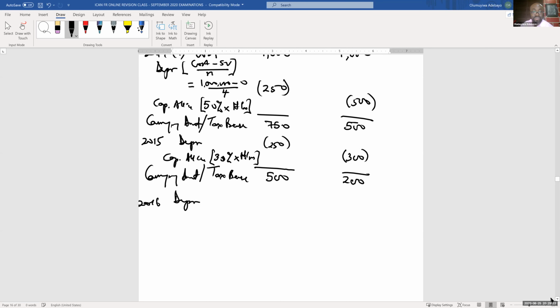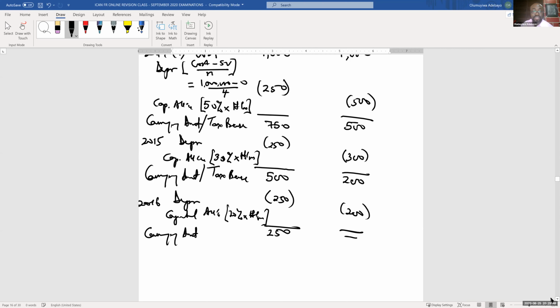In 2016, my depreciation still remained at 250, given that it's a straight line, but my capital allowance is 20% according to the question of 1 million. That gives me 200. Invariably, my carrying amount is 250, while my tax base is nil, 0.